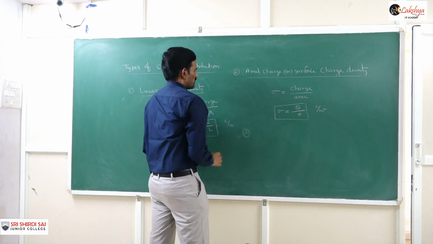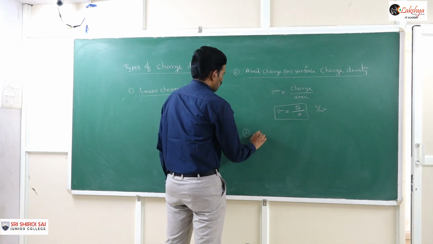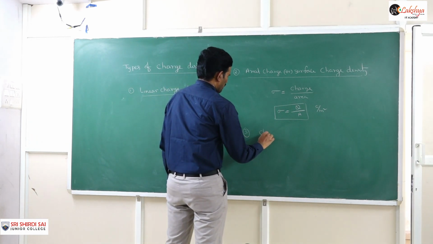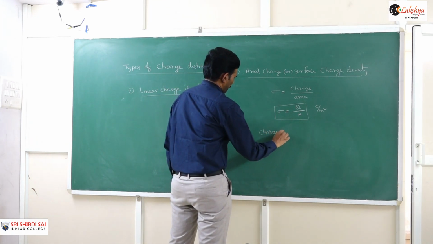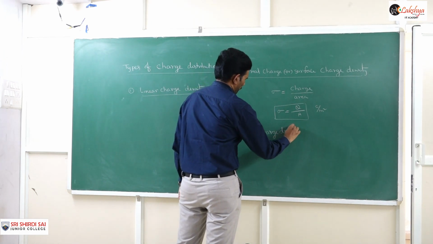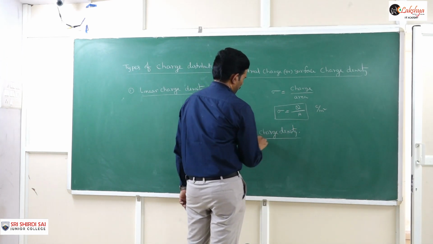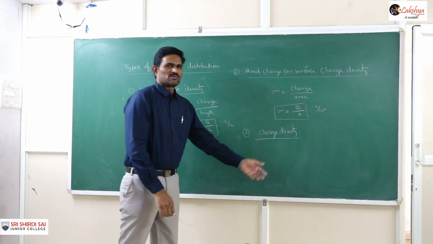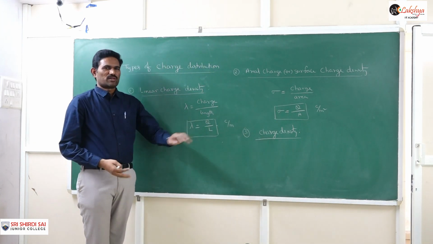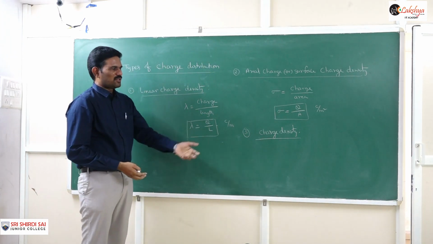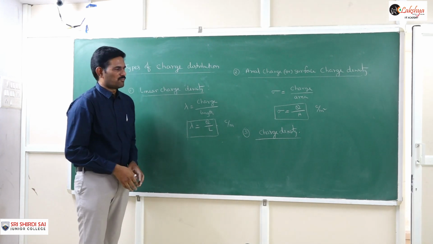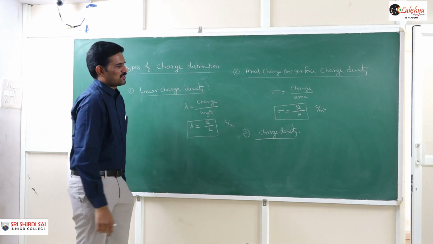The next type is for 3-dimensional objects: volume charge density, or simply charge density, because generally density is defined in terms of volume.